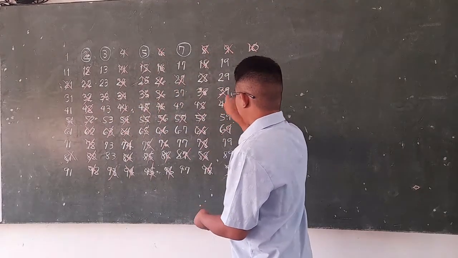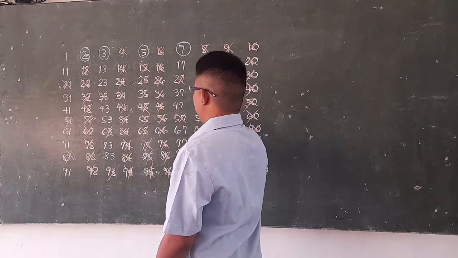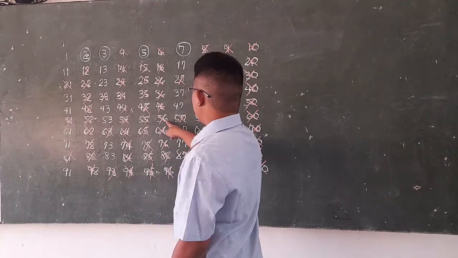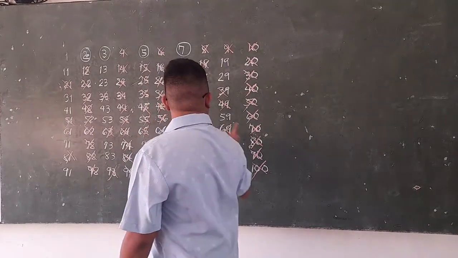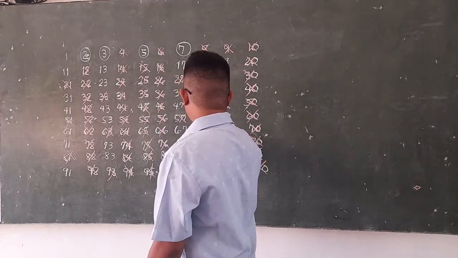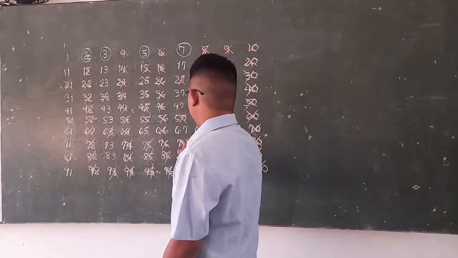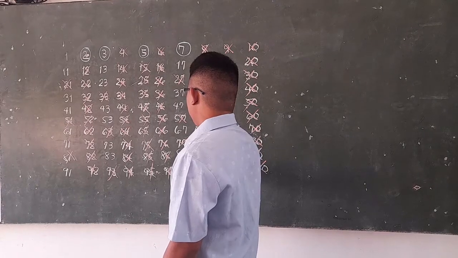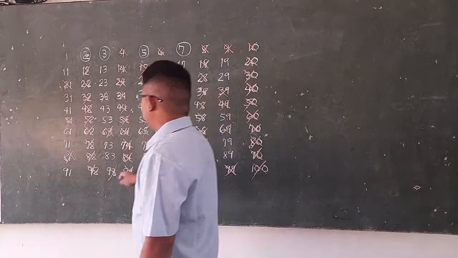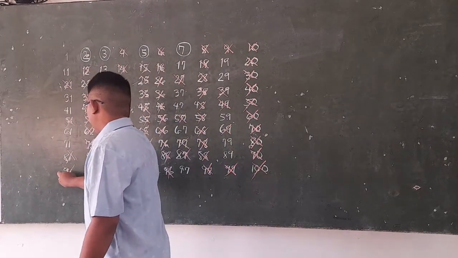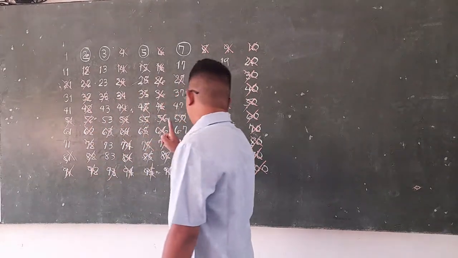So cross out 49. 49 plus 7 is 56, plus 7 is 63, plus 7 is 70, plus 7 is 77. So cross out 77. 77 plus 7 equals 84. 84 plus 7 is 91. So cross out 91.